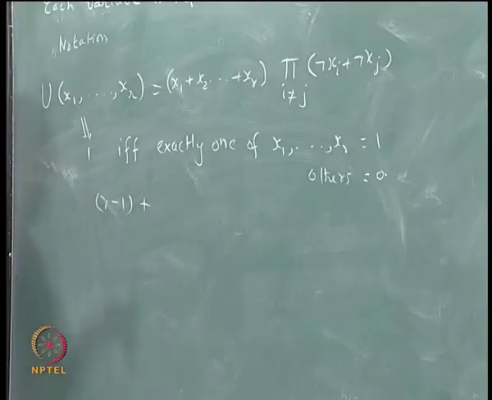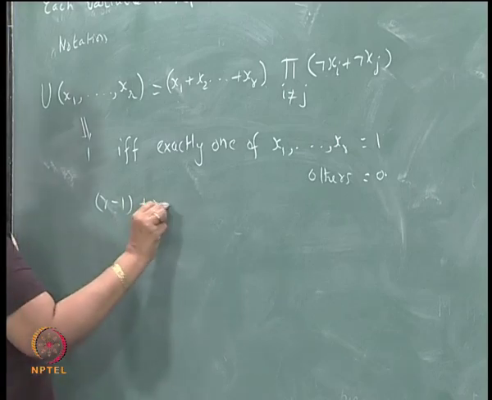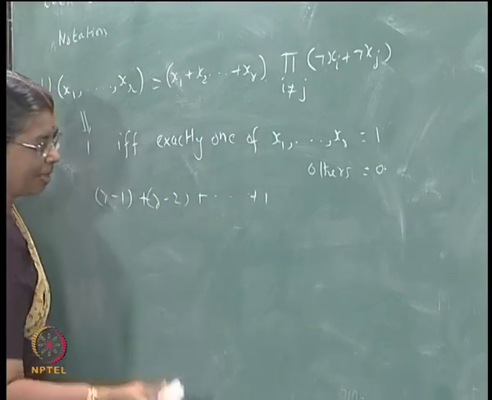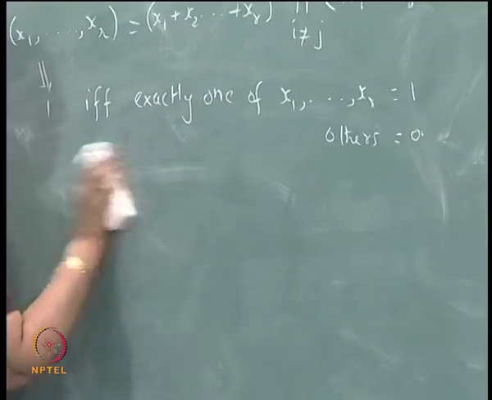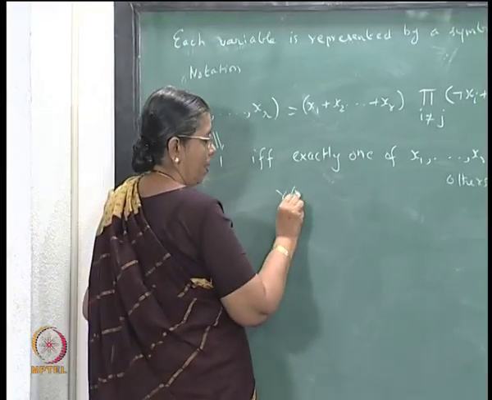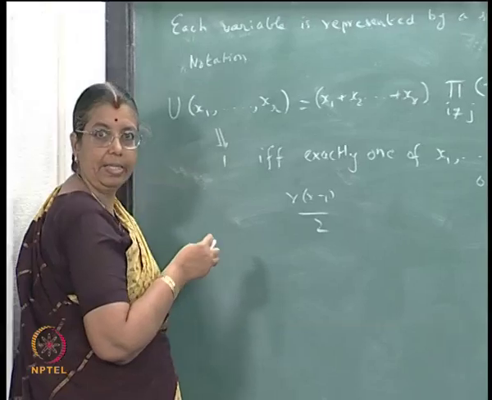Then if you take x2, there will be factors with x3, x4, and so on, so that is r minus 2, and so on up to 1. So that is r into r minus 1 by 2 factors.